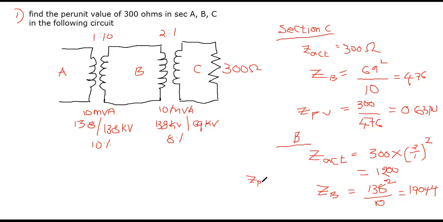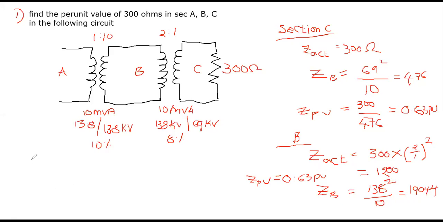If you want, you can use the calculators to check whether these answers are correct. In this case also, you have 1200 divided by 19044. If you find the per unit value by taking the ratio between these two, you will get 0.63 per unit. You can verify that. So in section B also, you will get the same answer.